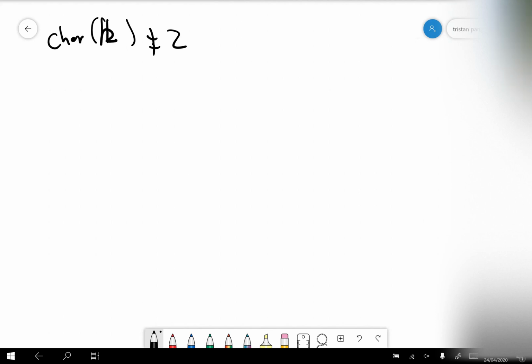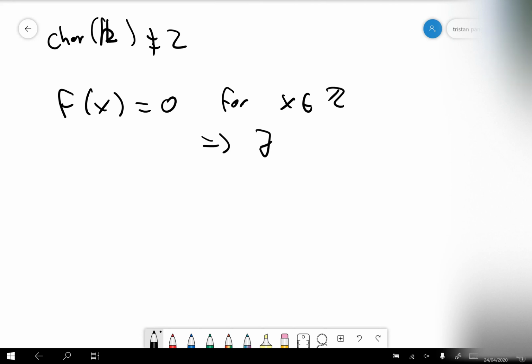Rightio. So we know that if a polynomial f(x) equals 0 for some x inside the integers, then there exists some y inside Z/pZ, for all primes p.